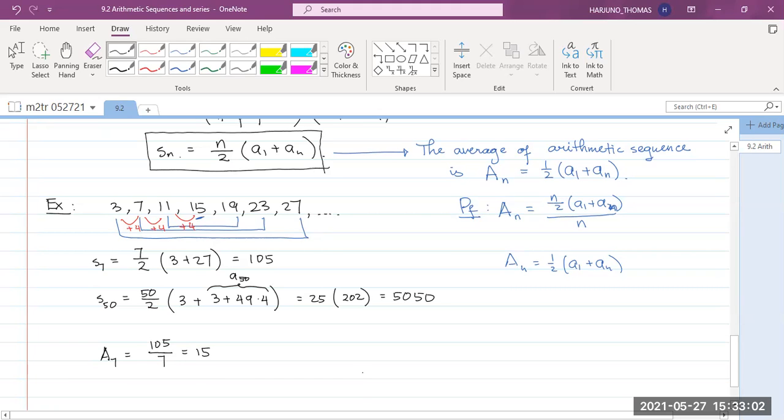So if somebody asks you this question, I have a GRE, SAT type of question in mind. Suppose somebody asks you, find the average of the first 1,000 positive even integers.